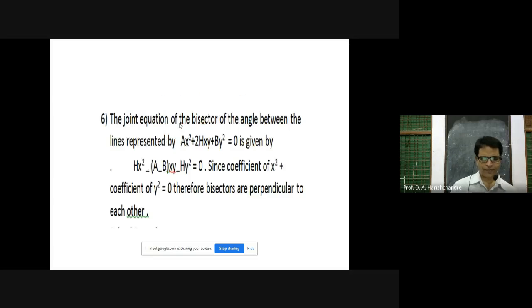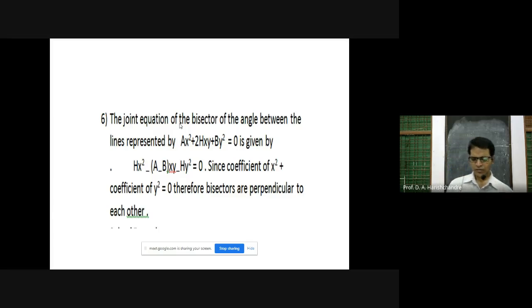Remember this. Sixth one, the joint equation of the bisectors of the angle between the lines represented by ax square plus 2hxy plus by square is equal to 0 is given by hx square minus (a minus b) into xy minus hy square is equal to 0. This is the ready-made formula.